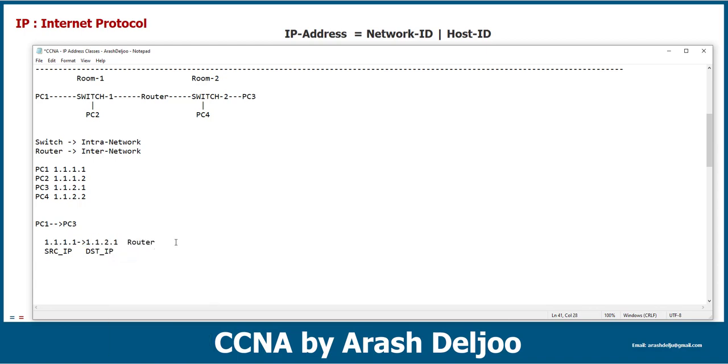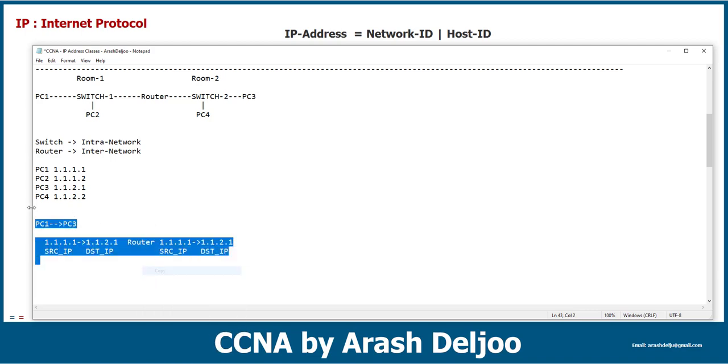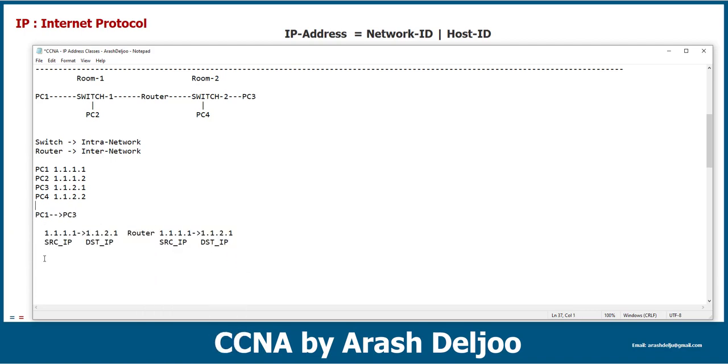Why? Because the destination IP has different first 3 octets. Because of that, the router can use this difference in the first 3 octets to forward traffic to, for example, room 2. But let me give another example for better understanding. In this scenario, assume that PC1 is now sending traffic to PC2, with the source 1111 to 1112.